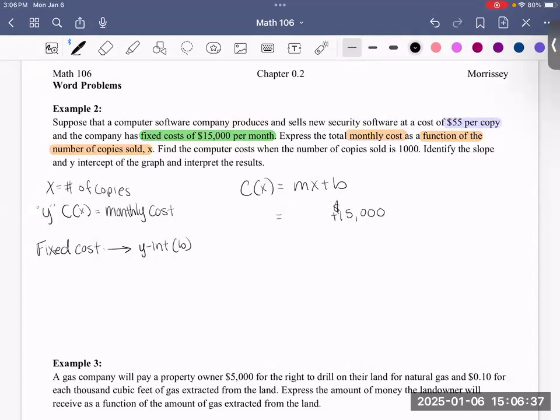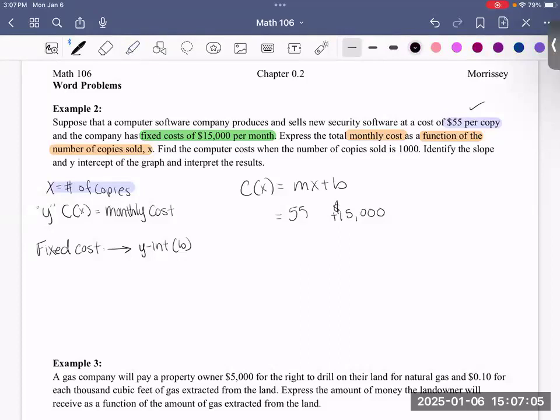So sorry, you're going to hear a little bit of noise coming in the background. Hopefully it's not too bad. So you have $15,000 no matter what. Now, when it says the other part, we have $55 per copy. Well, we just said copies is going to signify X. So for each X that's produced, we're going to get hit with a $55 cost.